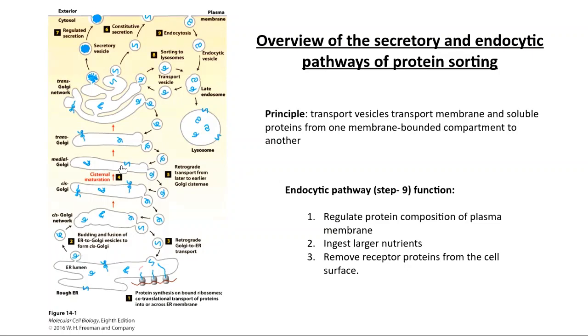Now what happens at the same time when these enzymes are getting added to these budded vesicles and getting fused here? At the same time, the medial Golgi also buds off vesicles containing the enzymes specific to the medial Golgi, and they fuse back with the cis Golgi.